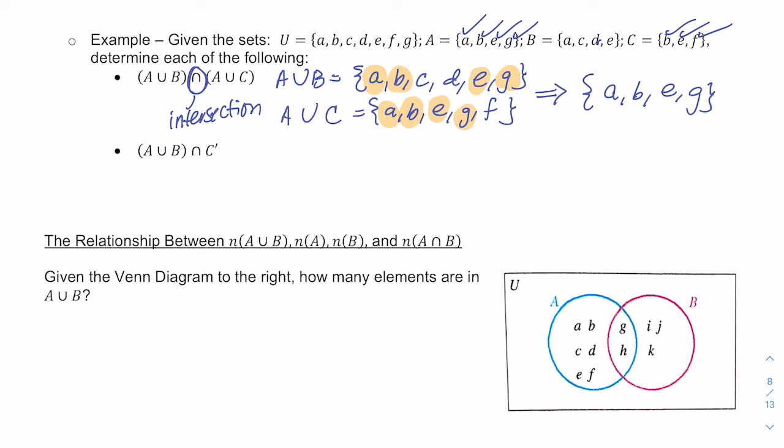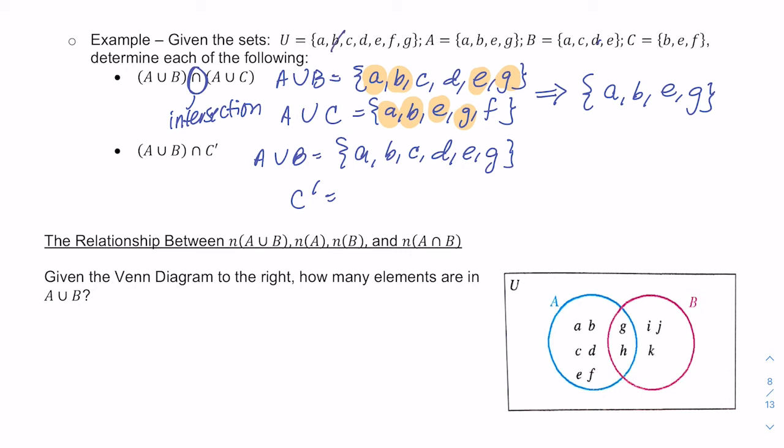Okay, in the next example, I'm asked to find A or B and the complement of C. So we already found A or B. I'm just going to recopy from the above example. C complement would be all of the elements that are not in C. So C is B, E, and F. So I'm not going to include B, E, and F. I'm going to go to the universal set and just use the other letters.